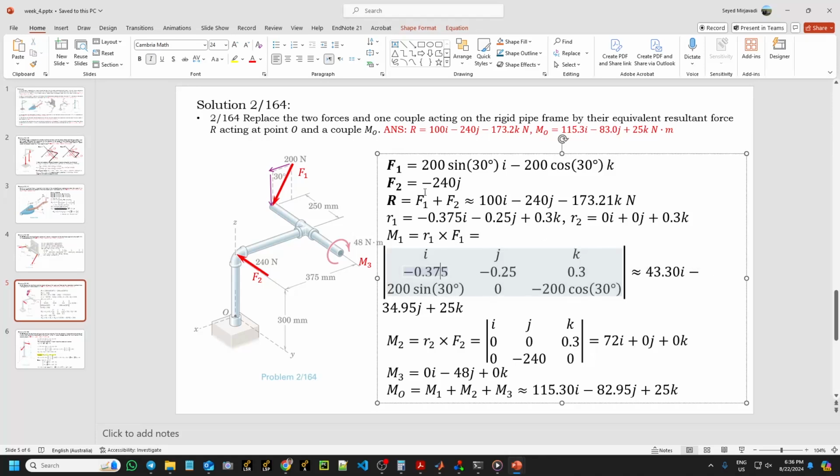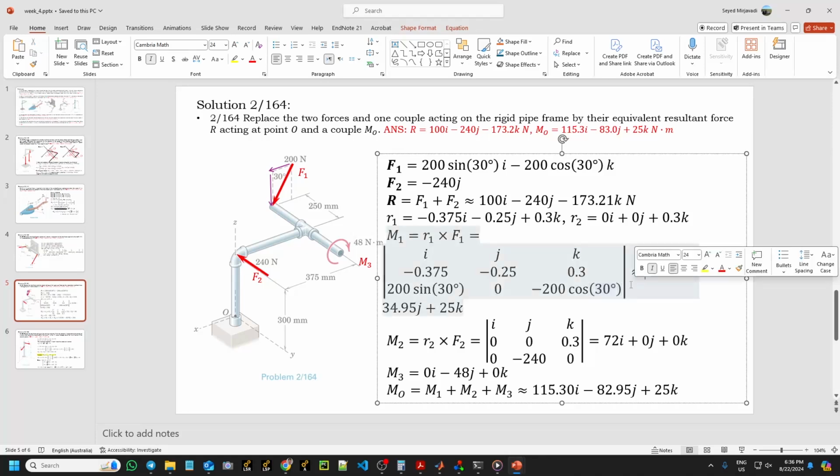So F1 will be how much? 200 sine 30, just copy that here, and negative 200 cosine 30, you just copy this one here. How do you obtain this?